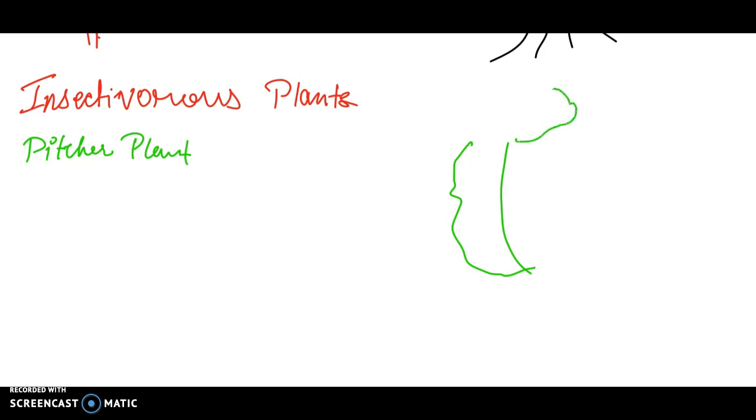The pitcher plant has a pitcher-type structure, which is a modified leaf. Inside, the plant has a very attractive, bright color, so insects get attracted to it. When an insect sits here, this part is very slippery. As soon as the insect lands here, it slips down. Then in the pitcher plant there are hairs directed downwards.